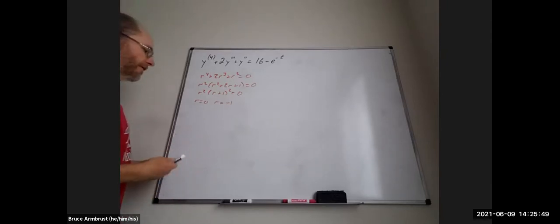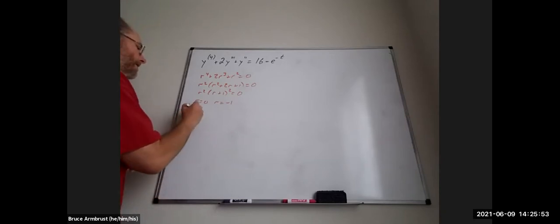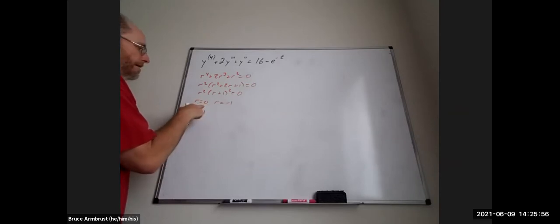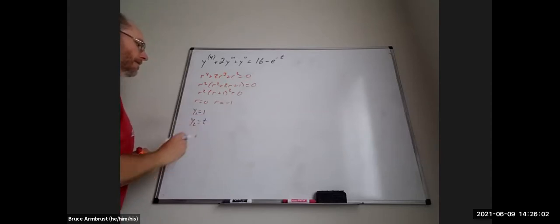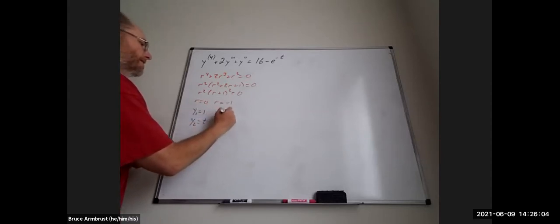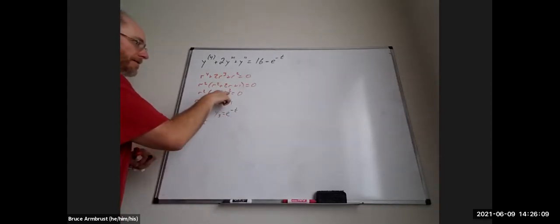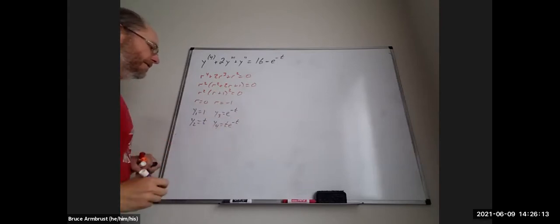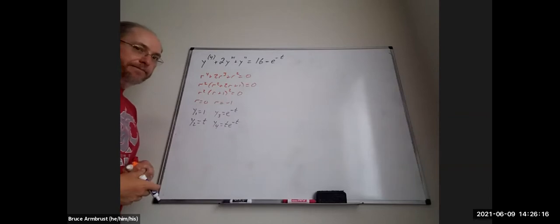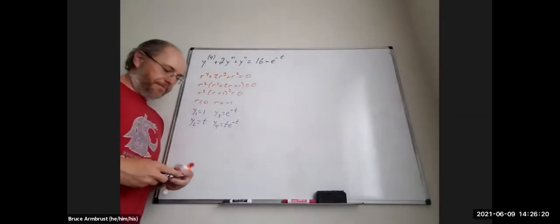In terms of our fundamental set, y1 equals 1. The 0 is repeated, so y2 is equal to t. y3 is going to be e to the minus t, but it's also repeated, which gives us t e to the minus t. So there is a fundamental set of solutions.